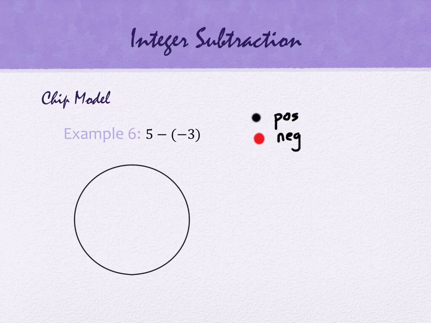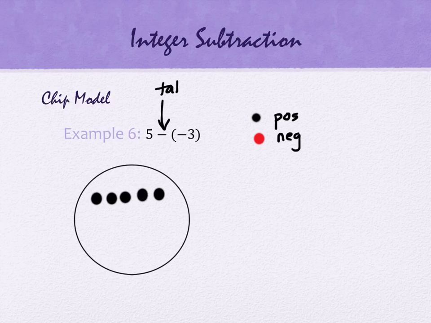All right, so on this one, this says I need to have 5 positive chips, right? That's where it starts. So we're going to start out by drawing 5 positive chips. Okay, now let's actually read what this says. What does this sign right here mean? Take away or remove.